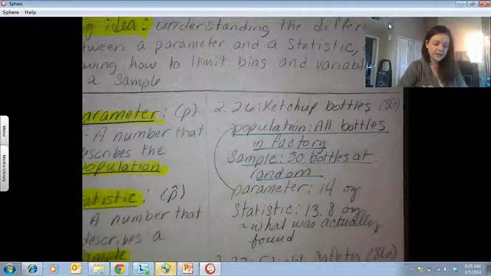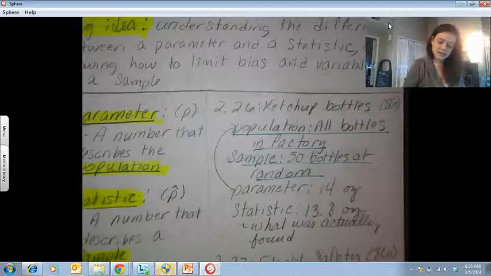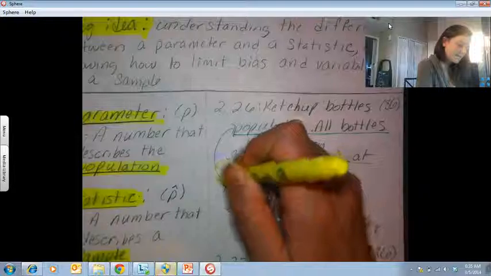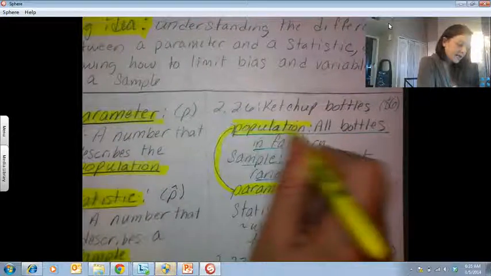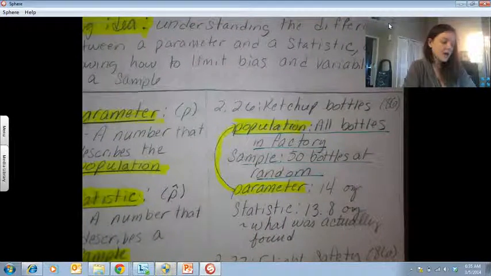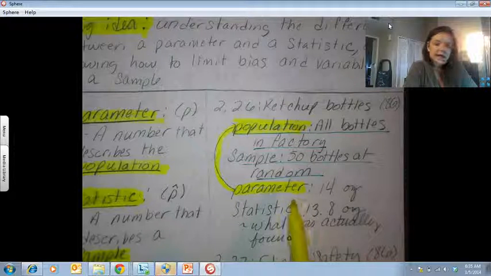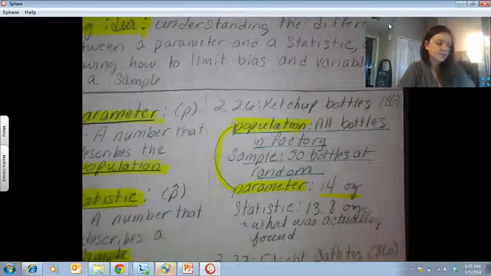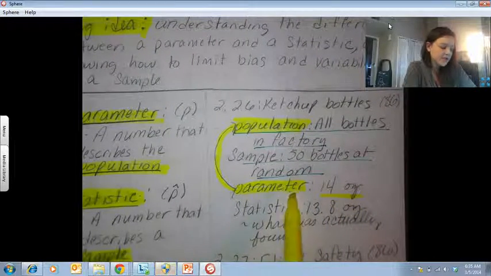So if we look, and we can use our letter shortcut, the parameter matches up with the population, okay? So what were the ounces of ketchup supposed to be for all bottles? Well, they were supposed to be 14 ounces, right? So that should be the parameter.